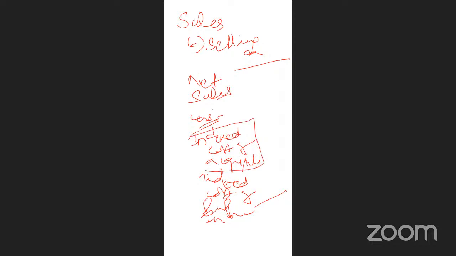Then how will we do this indexation? Indexation is very, very important. So let's look at the indexation point. We'll go with one example. We'll take one plot.